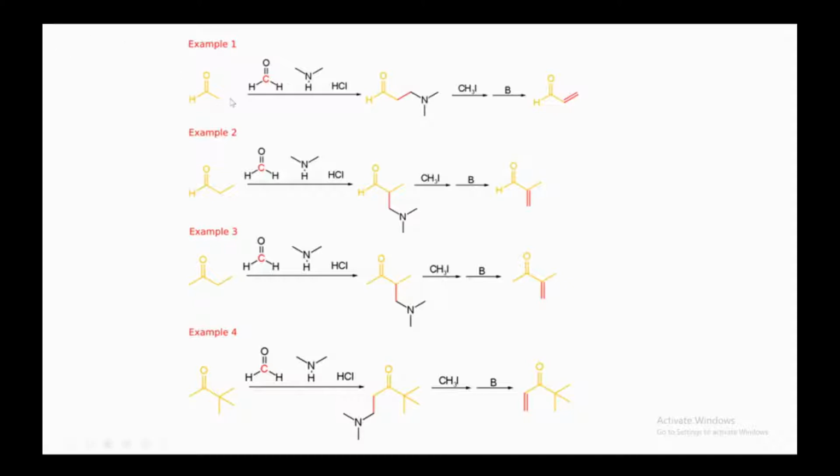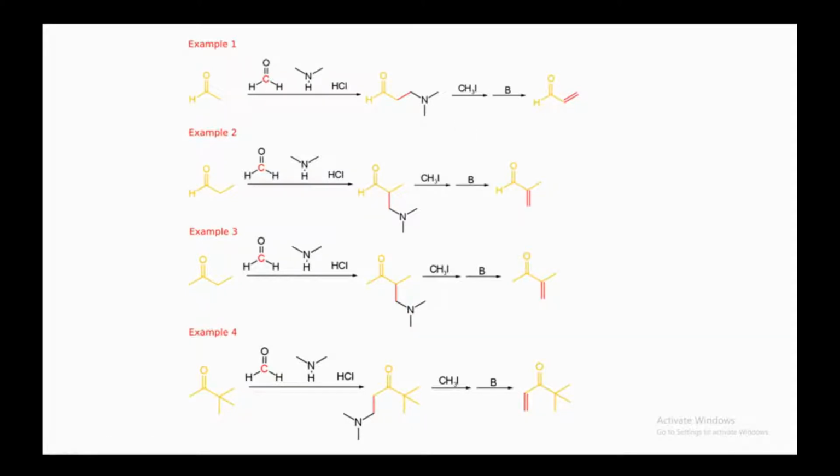Now in example 1, this is acetaldehyde, this carbon is enolizable, formaldehyde, and this is secondary amine HCl. You get this. Now further you can use this product and react it with methyl iodide in the presence of base to generate this Michael acceptor. So this is the utilization of the Mannich reaction further in organic synthesis.